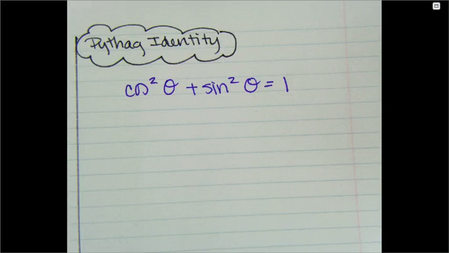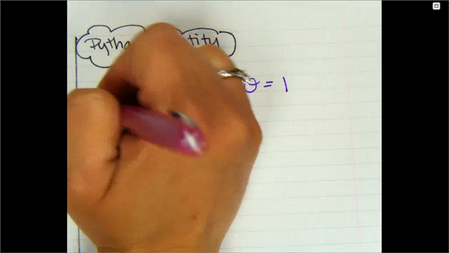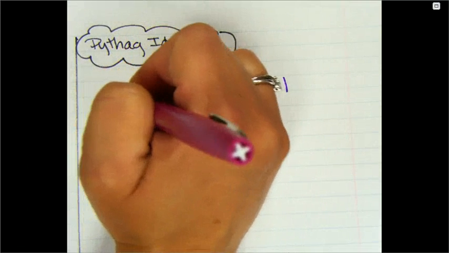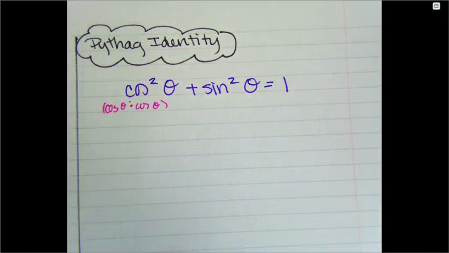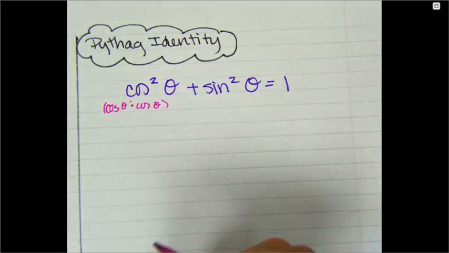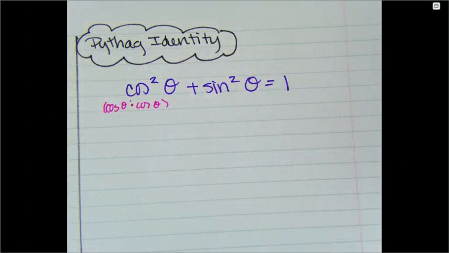All right, ready? Cosine squared theta plus sine squared theta equals what? Did you write it down? Cosine squared theta just means that you are doing cosine theta times cosine theta, right? That's a multiplication. But we don't write squared after the theta because we're not squaring the angle, we're squaring the operation.